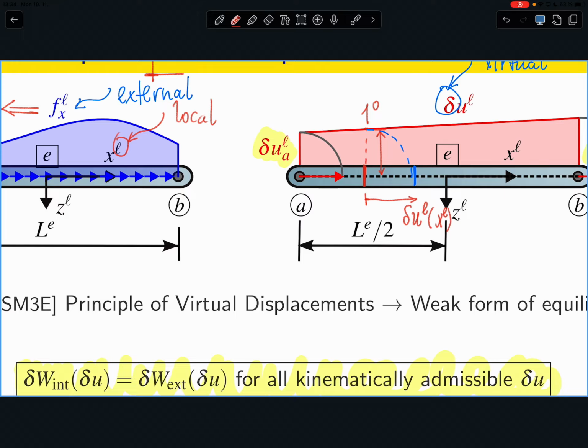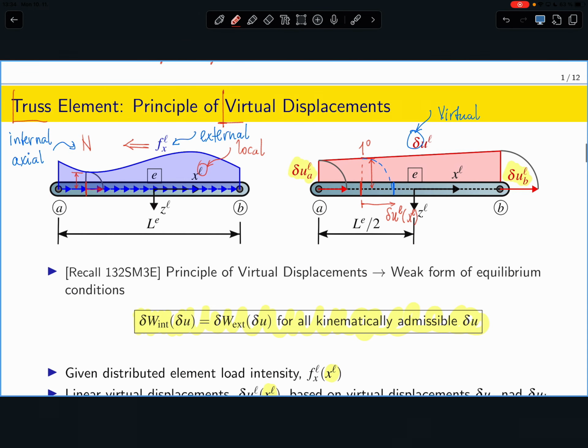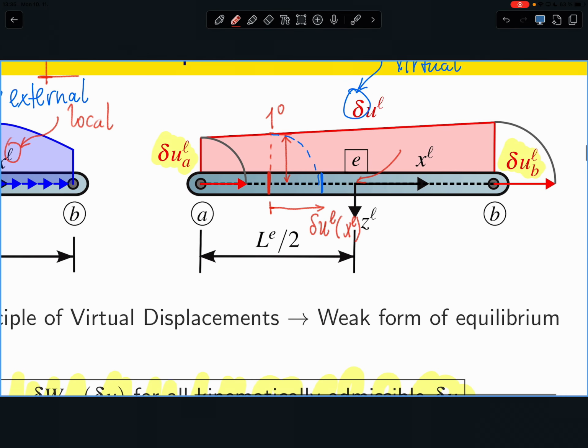And I'm trying to be really systematic and write here all the time this xL. This is not only to highlight that I'm working in the local coordinate system, but also for some aesthetic reasons, so there is no other solid physical principle behind that.